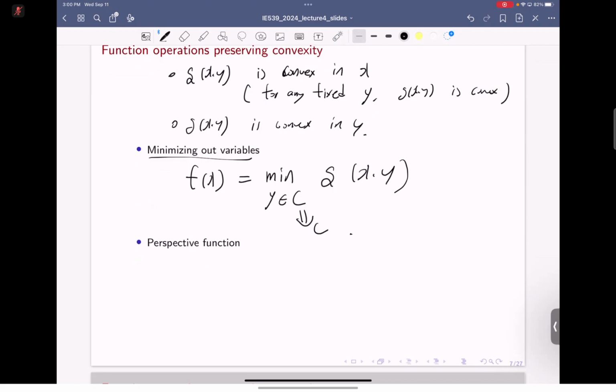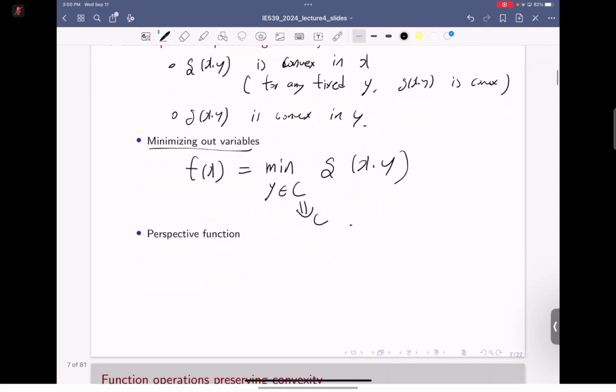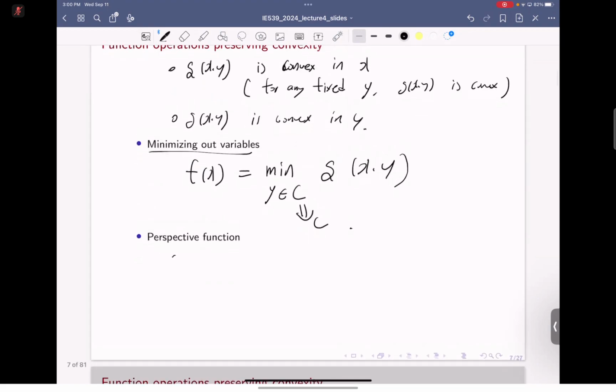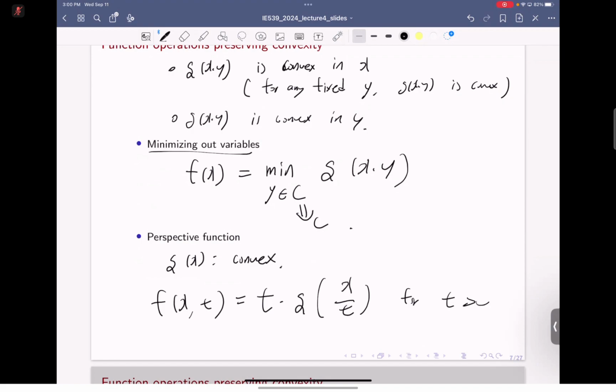And the perspective function is defined as follows. You have, let's say, g(x) is convex. Now I'm augmenting the function by adding one more variable. The perspective function is defined as f(x,t) equals t times g(x/t), for t positive.